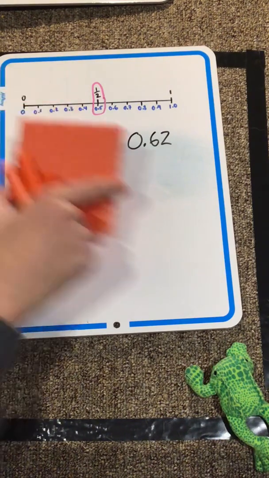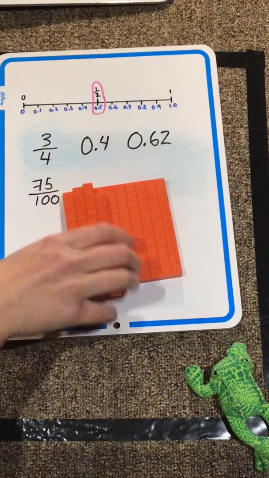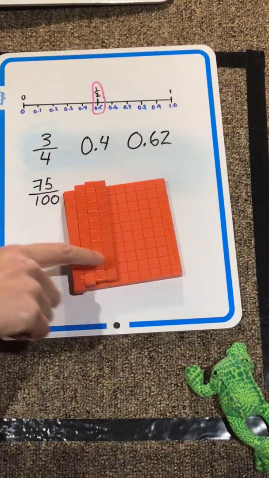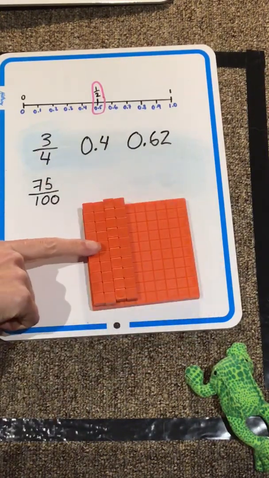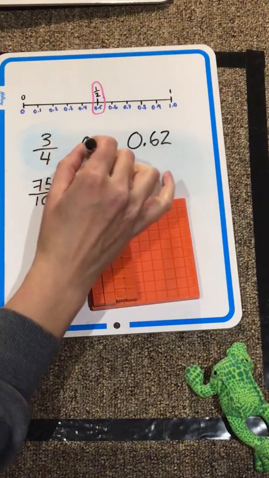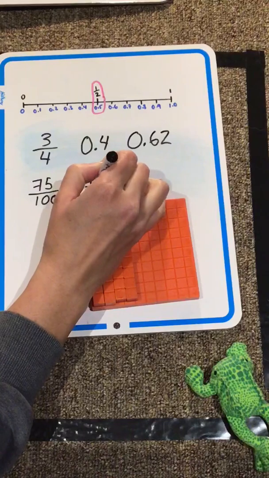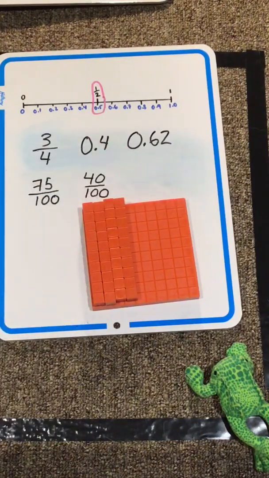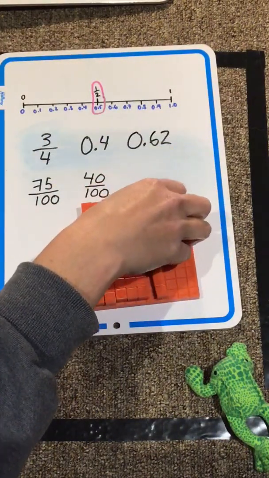Okay, 0.4. This time on my cake, I'm going to ice 4 strips of them, right, which I can turn into hundredths by counting by tens, 10, 20, 30, 40. So 0.4 is the same thing as 40 100ths. Now if I have 62 pieces of cake, then I need to cover up a bit more.